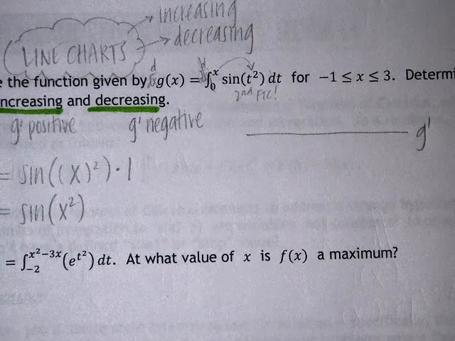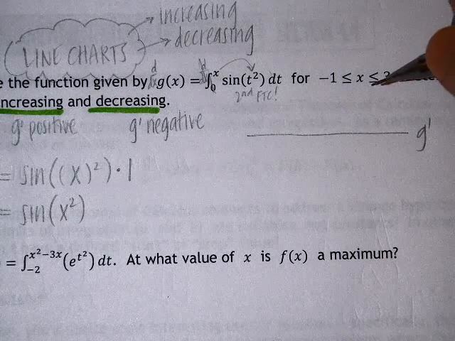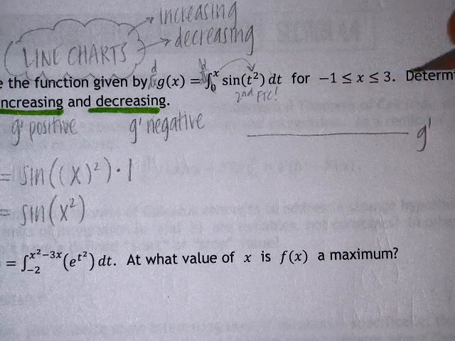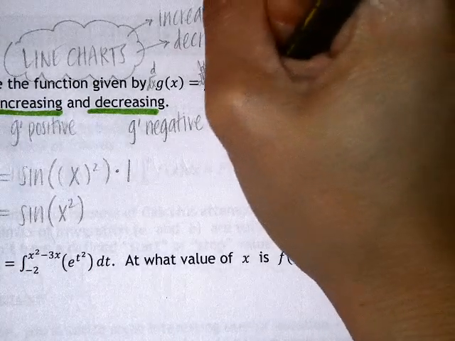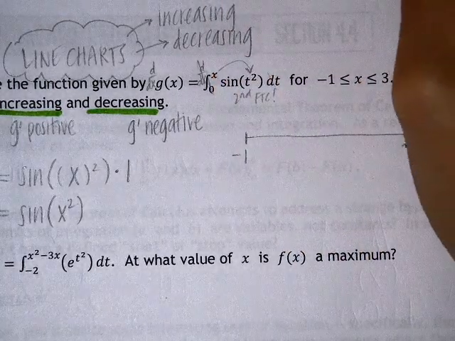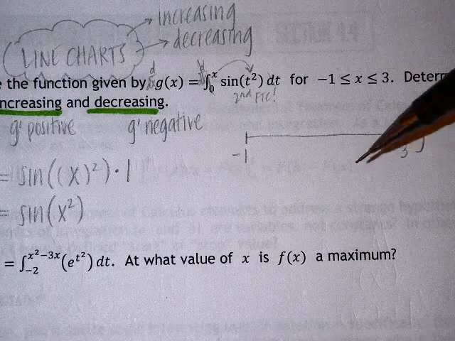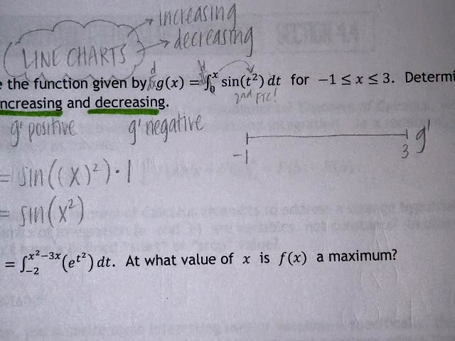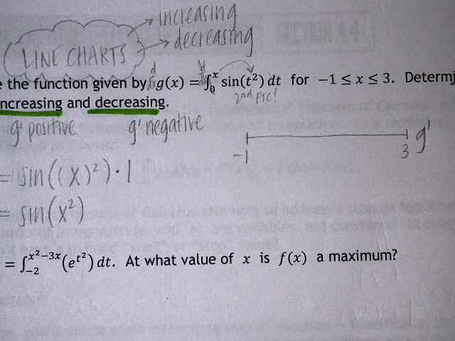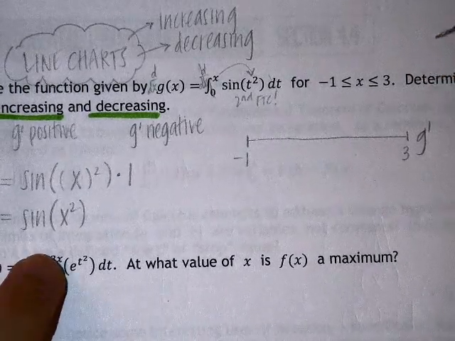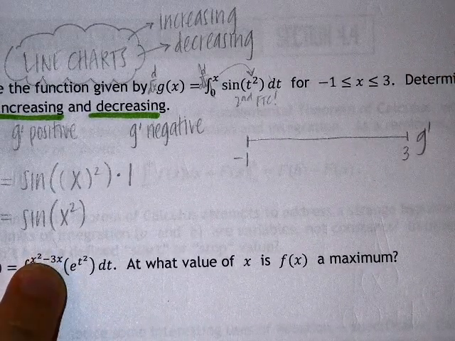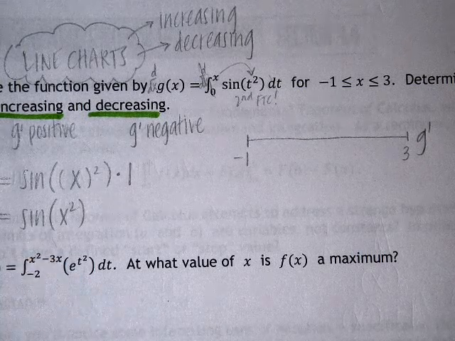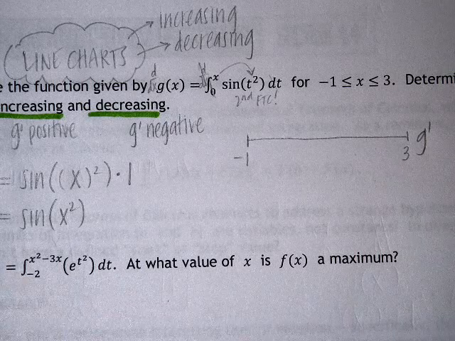For a line chart, I need to first establish zeros, then I need to establish pluses and minuses. Since they're telling me a limited interval to analyze, I'm going to put the boundaries of -1 and 3 into my line chart so that way I can see everything there. Now, let's think about the zeros of this function. There's nothing wrong with using a calculator, since in theory your entire AP test can now be done with a calculator.